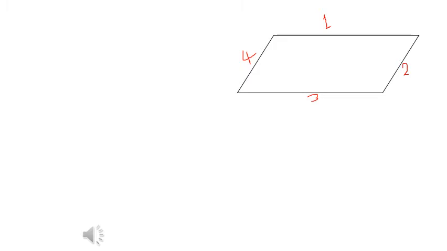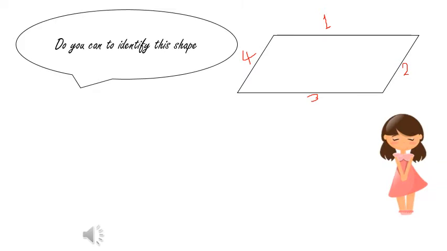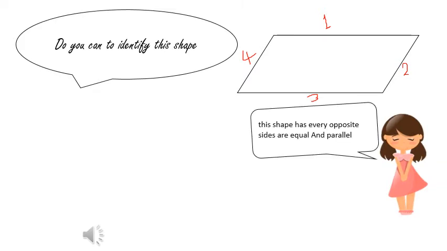Now let's listen to our question. Our question: can you identify this shape? This shape has every opposite side equal and parallel. Yes, very good. Where is the opposite side?